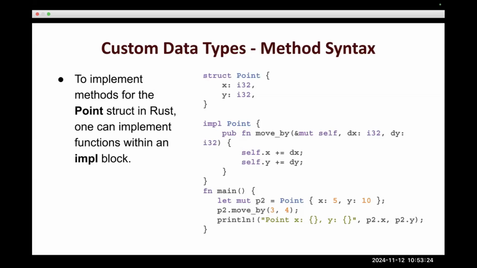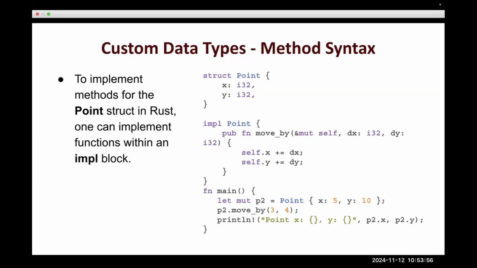That's exactly what object-oriented programming is about. You have an internal function that changes the state of the object to a different state. By doing that, you have full control of the object, right? But here, Rust uses impl, which implements for this data structure, and defines a function move_by, and this move_by takes the input data and modifies it. So basically it moves this point to a new position. That's what this example is doing.